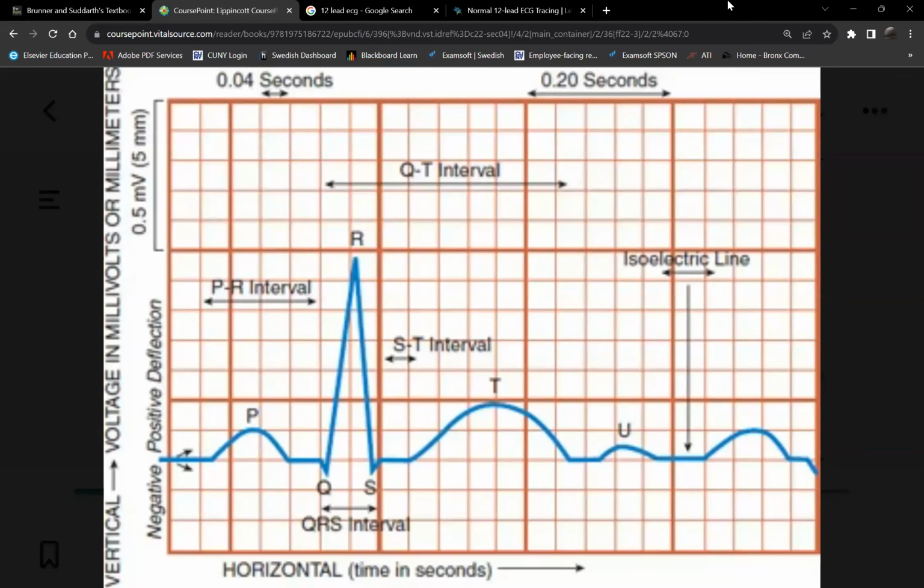That's your PR interval right here. So it says there in the definition, it represents time again, correct? The duration: how long does it take for the atria to contract, and then for that same impulse to reach the AV node, before the signal is transmitted to the ventricles?